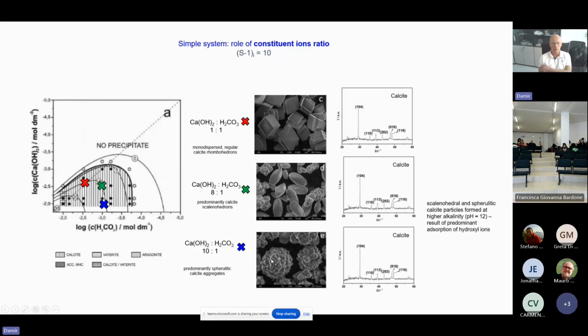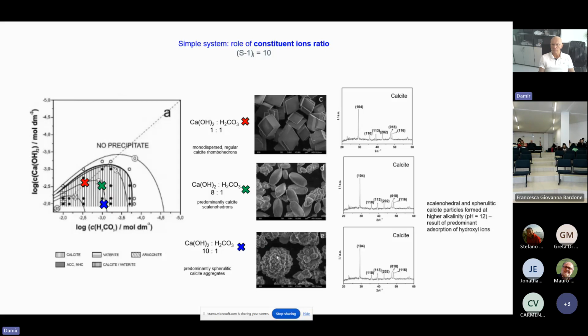But when we additionally increase the concentration maximally, I said maximally, what was allowed with this precipitation system, the concentration of calcium hydroxide, so this is a simple system in which the concentration of calcium ions is extremely high, and the pH is also relatively high, we obtain spherulitic calcite particles.